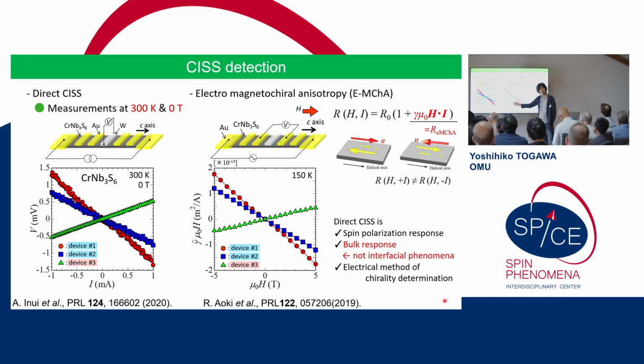These three devices show different signs of the slope, and this slope shows really good agreement with the sign of the signal. So we're convinced that this data is coming from something genuine. That's why we believe this data. So we can say this data is a CISS response found in the chiral inorganic crystal.